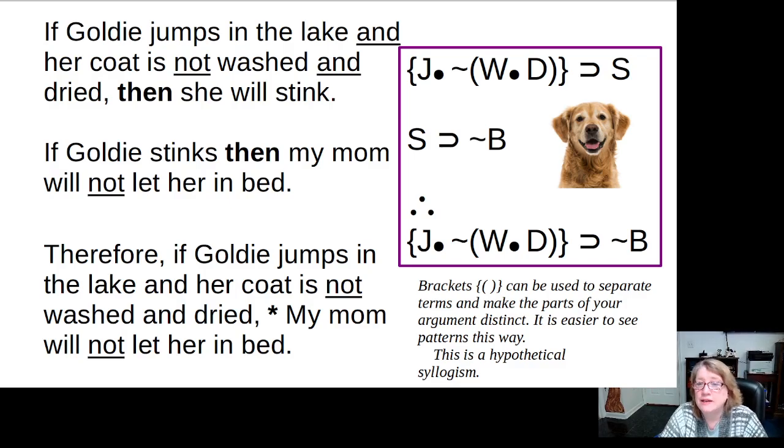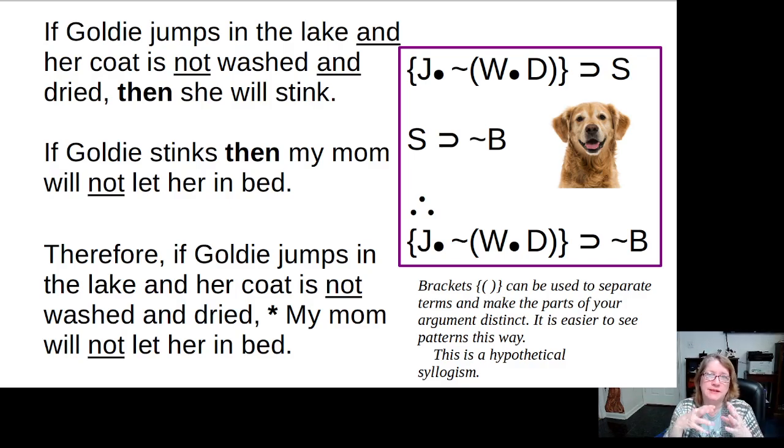And you see here how I've taken the antecedent and put specific phrases and changed them for capital letters, which means each stands for something. The J here, for if Goldie jumps in the lake, will be a capital J for jumps. Then I've got the and symbol, and her coat is not washed and dried.